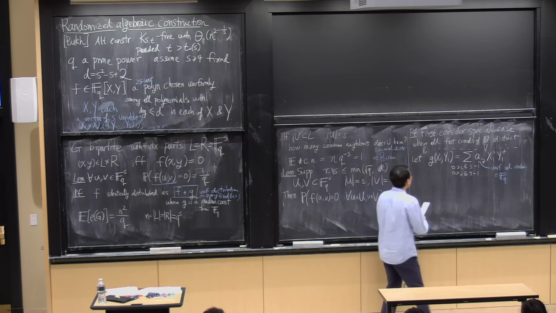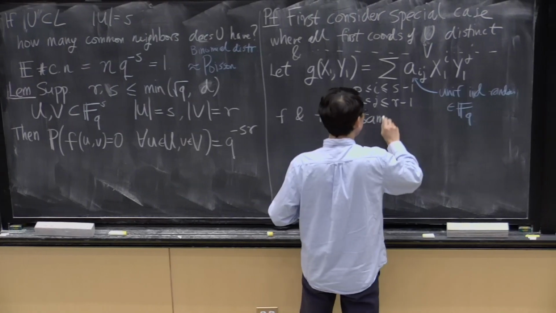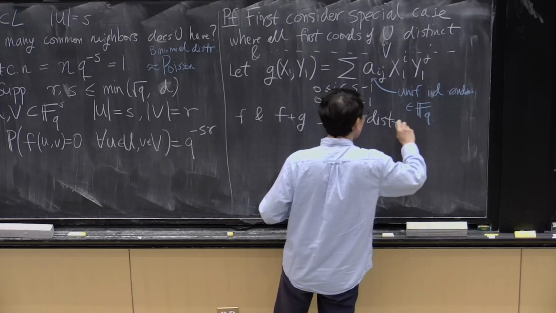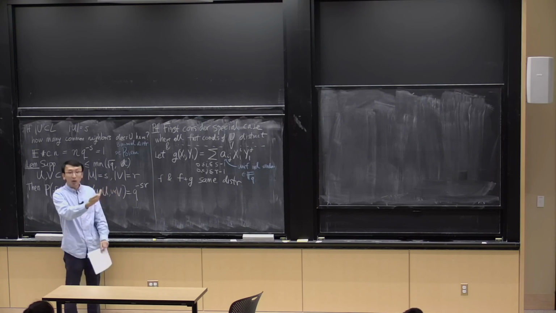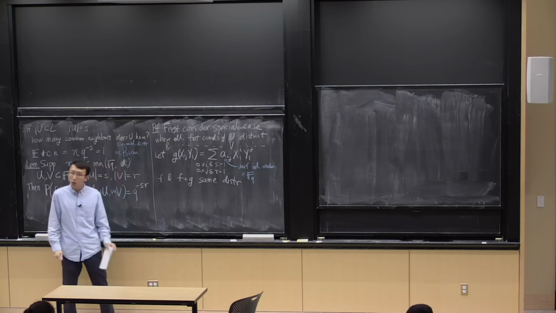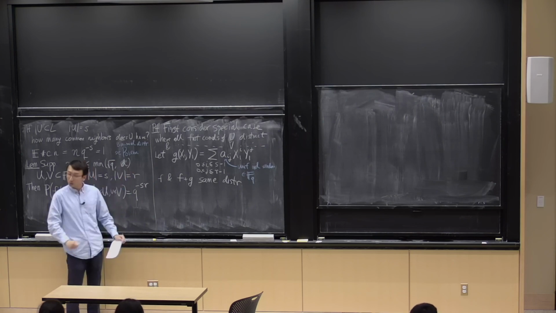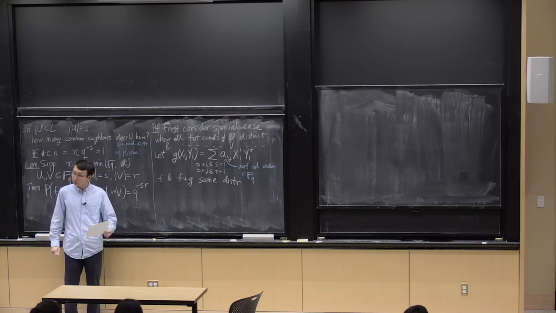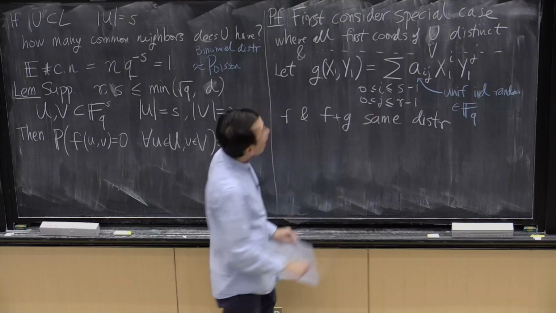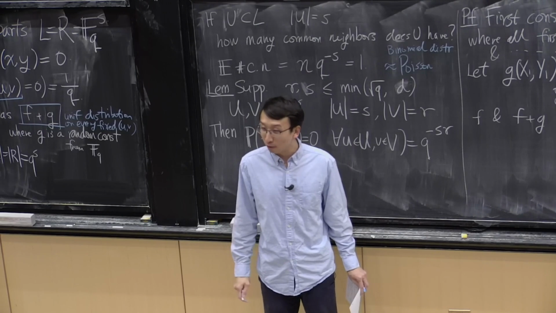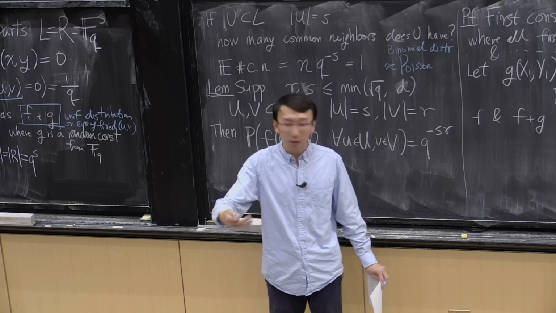And as before, we see that F and F plus G have the same probability distribution. So all it remains to show is that whatever F comes out to be, if I tack on this extra random G, it creates a uniform distribution on the values on the entire U cross V. But I have sr choices exactly for these coefficients, and I have sr values that I'm trying to control.